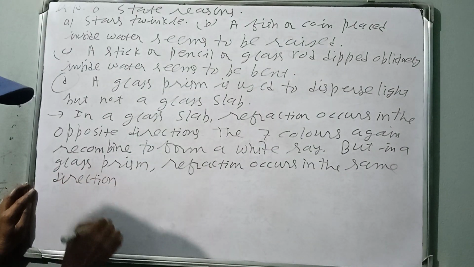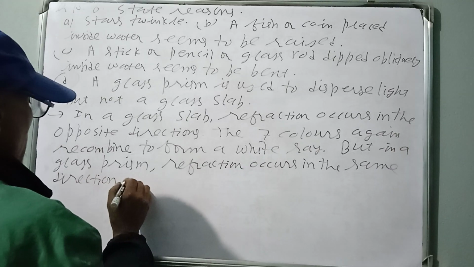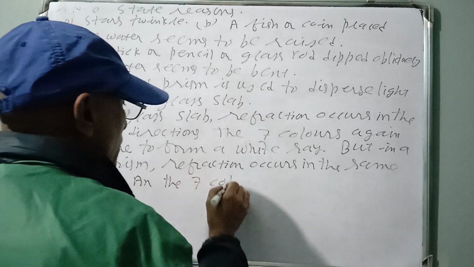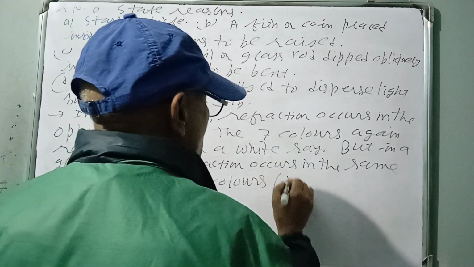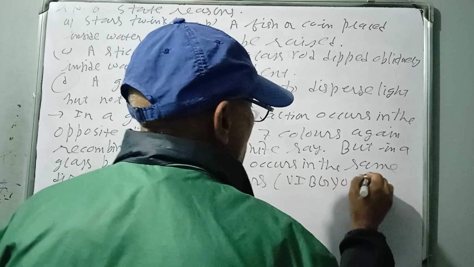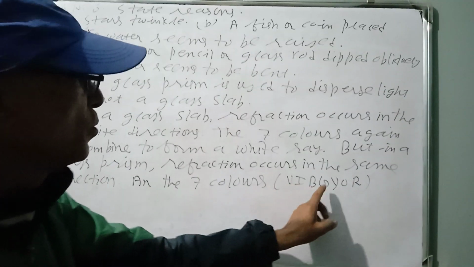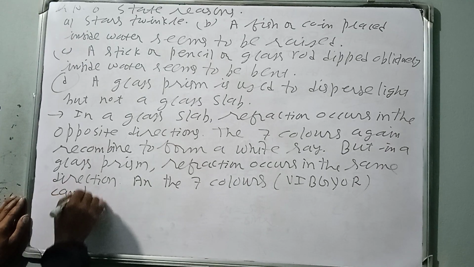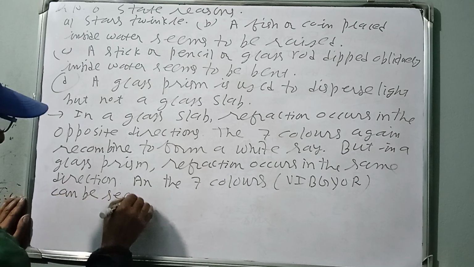Refraction occurs in the same direction, and the 7 colors called VIBGYOR: violet, indigo, blue, green, yellow, orange, red, can be seen.